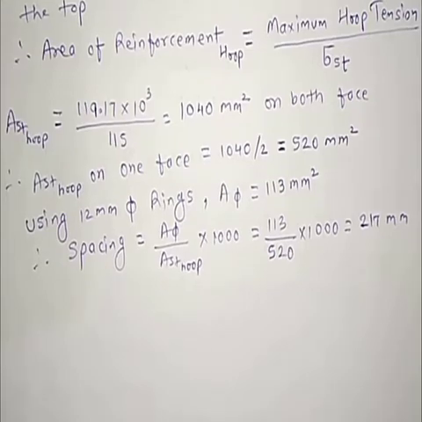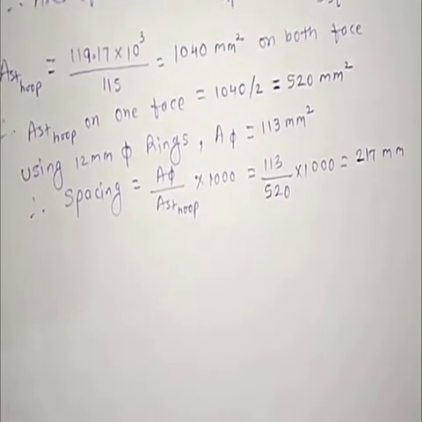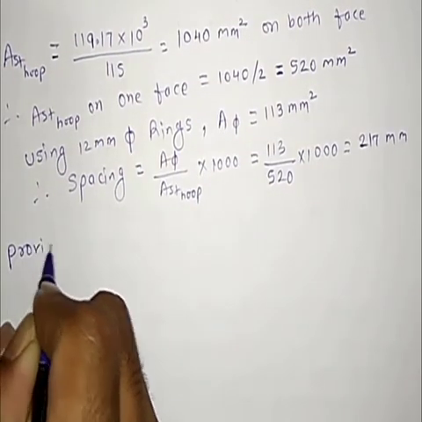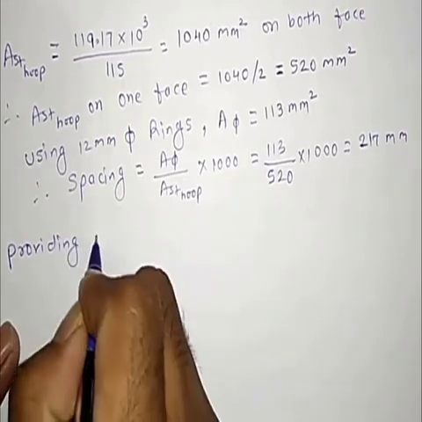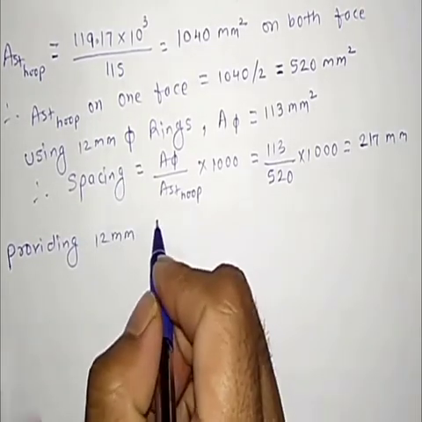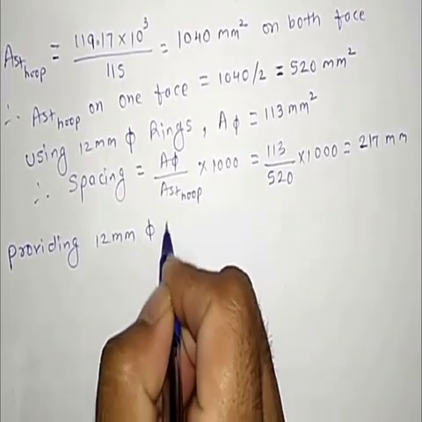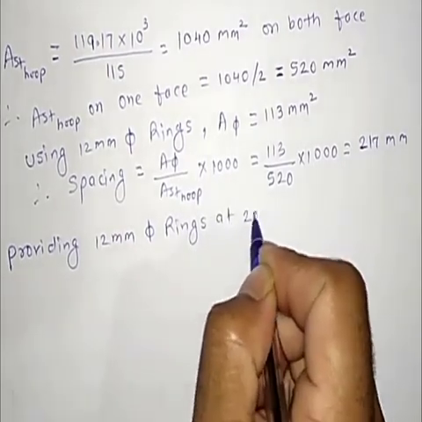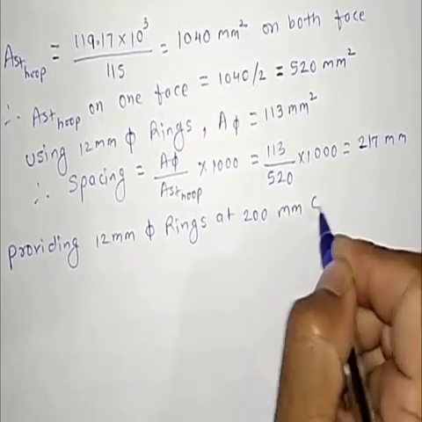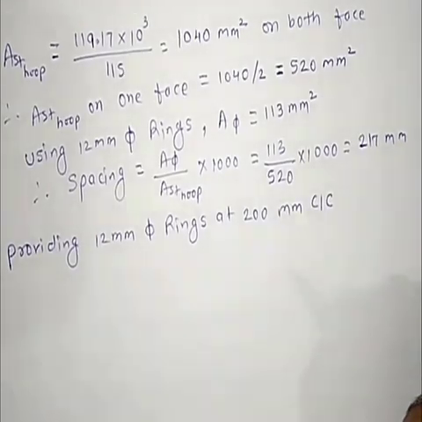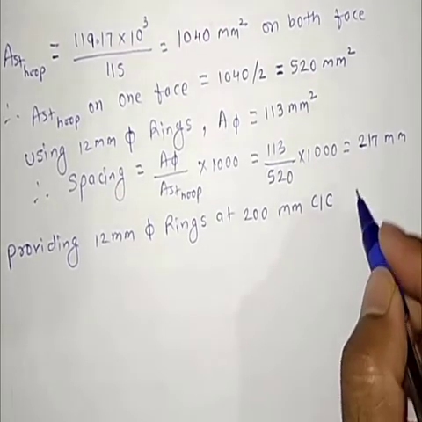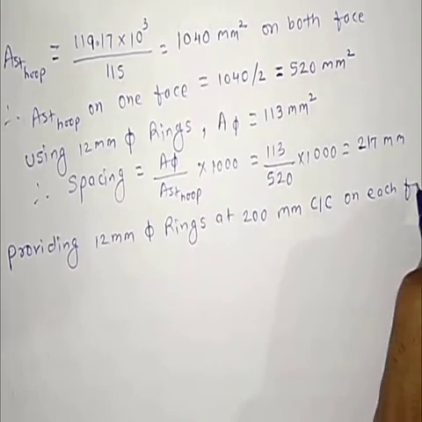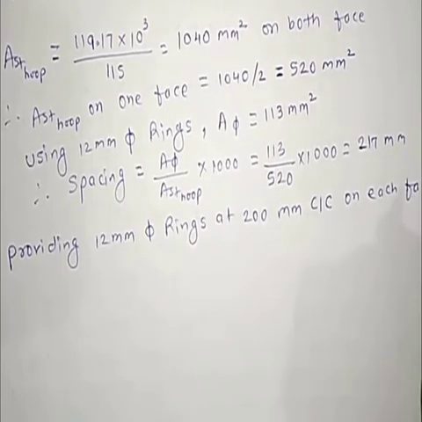So we can write down, providing 12 mm diameter rings at 200 mm center to center. This is to be provided on each face.